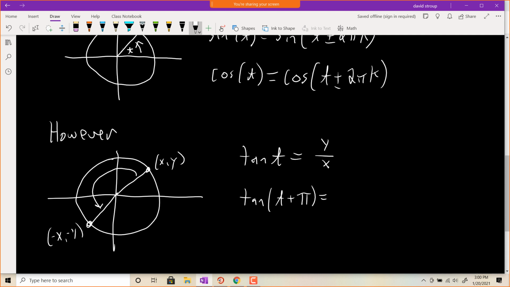So if you say then it's negative y over negative x, a negative over a negative is a positive, and you end up back with y over x, which again is tan of t.